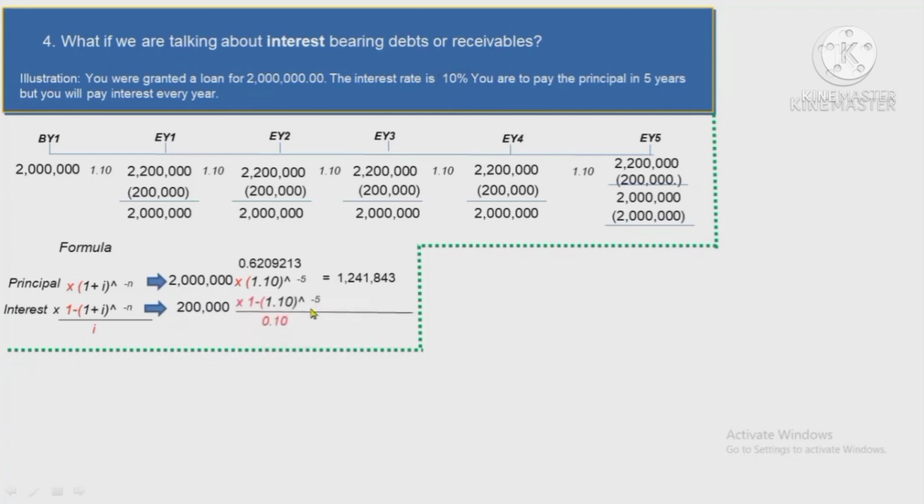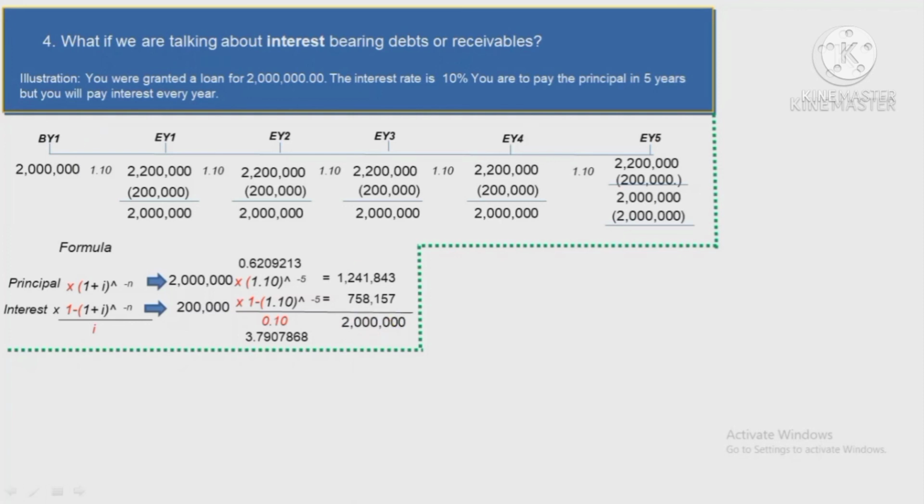So you multiply that with 1 minus 1.10 raised to the power of negative 5 divided by 0.10. And if you're going to summarize this, you're gonna have 3.7907868. So 200,000 times this one, you will have 758,157. So you add them up, the sum is 2 million. So that's the proof that the present value is really 2 million.